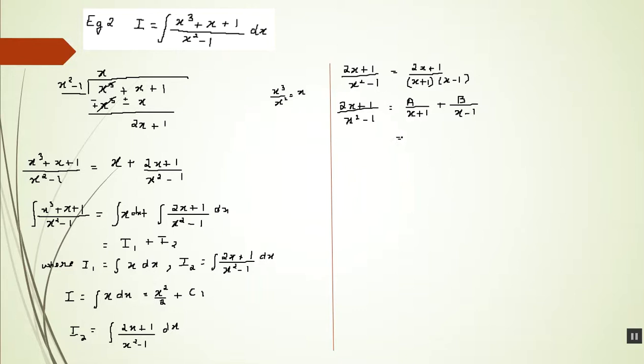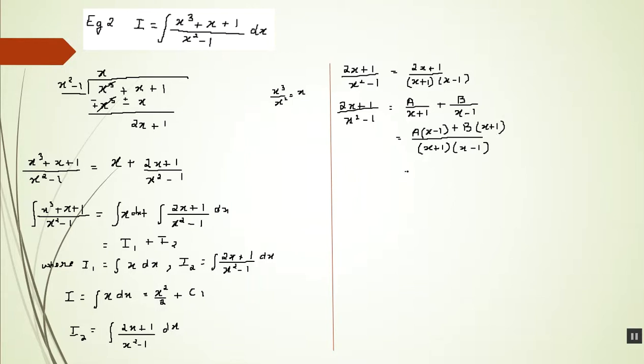Therefore this is equal to, taking the LCM, x plus 1 into x minus 1. Now here this will become a into, since I've already got x plus 1, I'll get x minus 1 here plus b into, I already have x minus 1 here, so I get x plus 1 here.